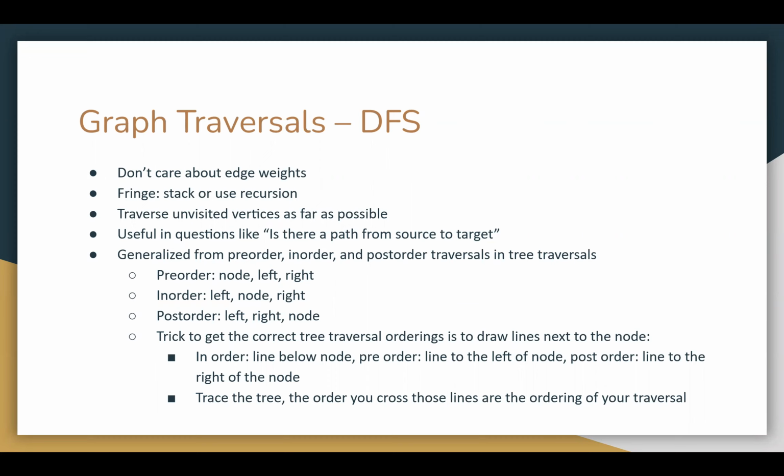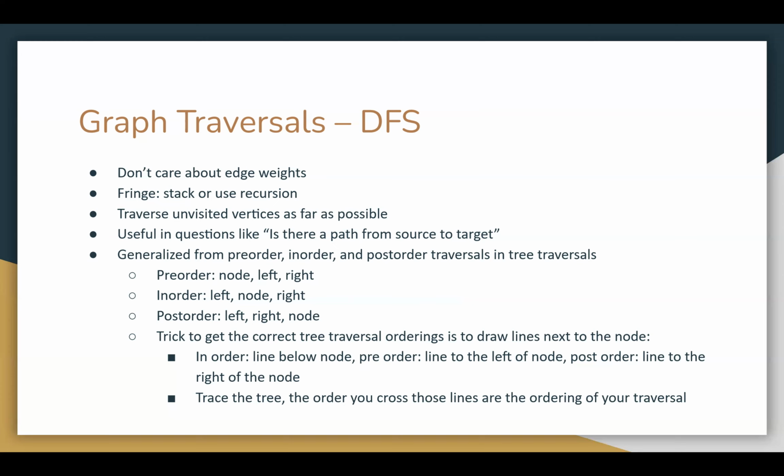Basically, in DFS, we want to traverse our unvisited vertices as far as possible. It's useful in questions like detecting connectivity, or whether there is a path from the source to the target. DFS is generalized from pre-order, in-order, and post-order traversals in tree traversals.